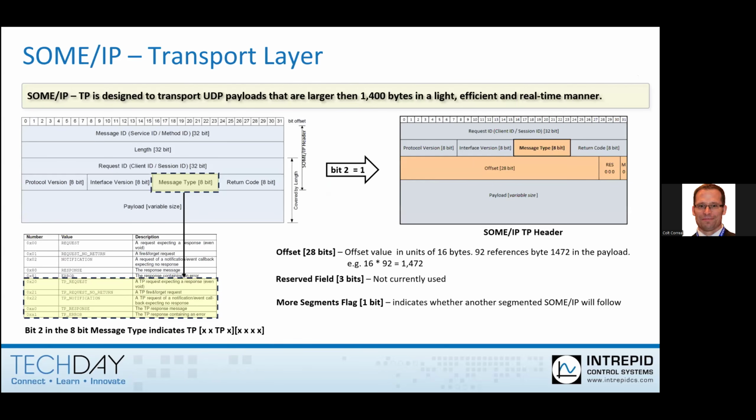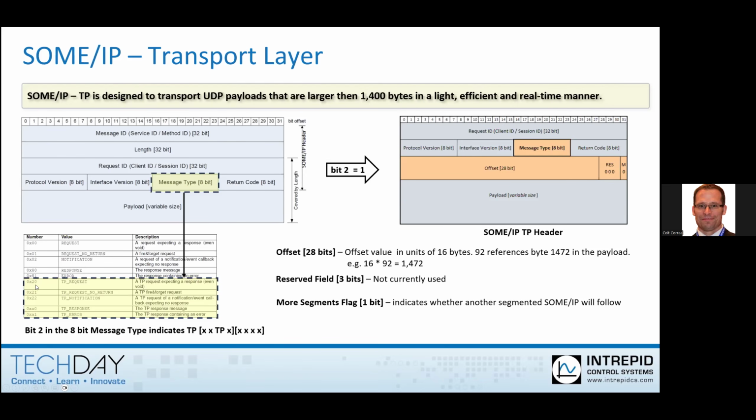And the last thing we're going to talk about, as I mentioned, is the transport layer. The transport layer is very lightweight and very simple. You'll see here that we have the same message header as I mentioned before. If we have a transport layer being used, bit 2 of the message type, which is an 8-bit number, will be asserted to 1.